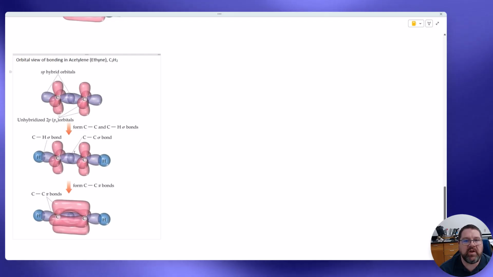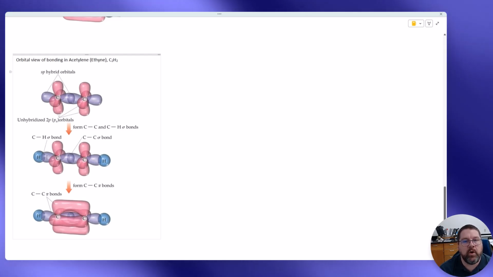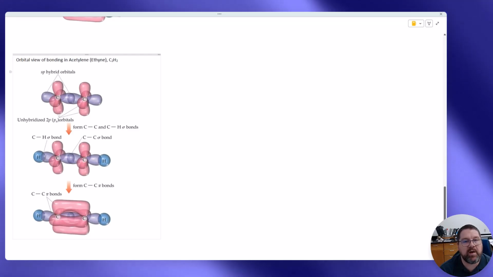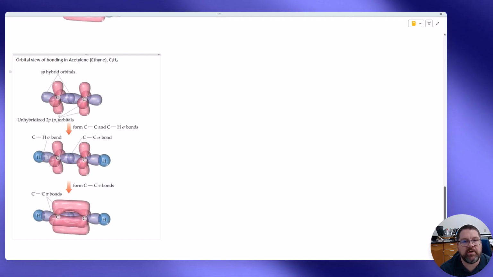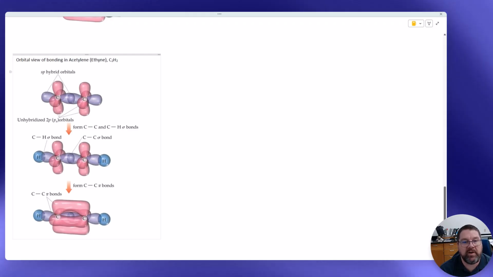When we think about the sigma bonds being formed, you have the sigma bond between 2 sp hybrids to connect the carbons, and the hydrogen with its s orbital overlapping with the sp hybrid orbital of the carbon, on either end. That leaves 2 unhybridized p orbitals on each of those carbons that are parallel to one another.